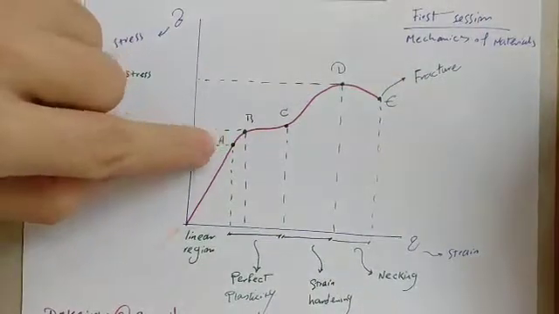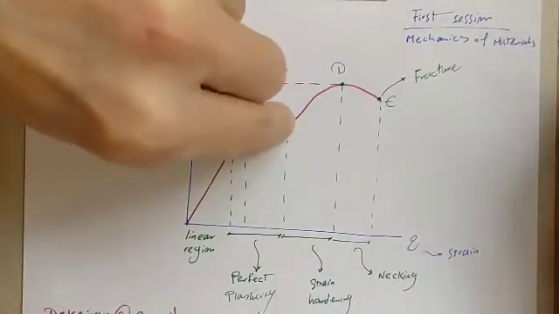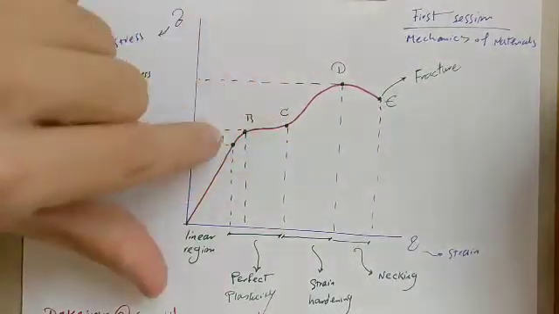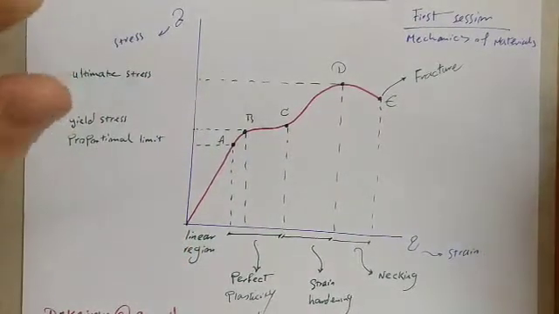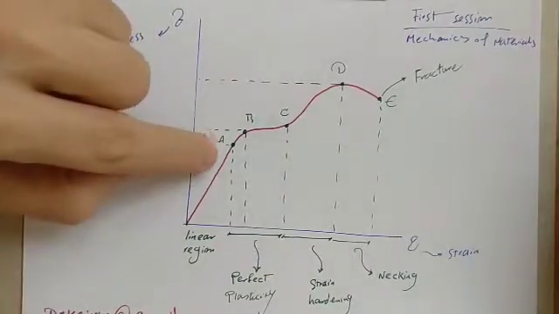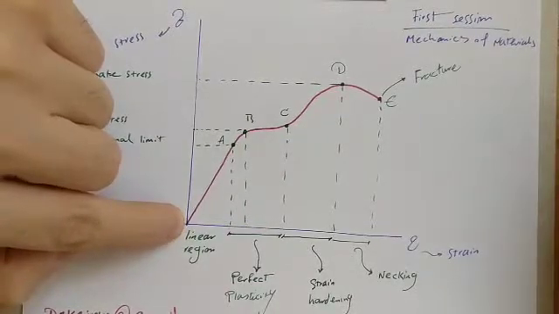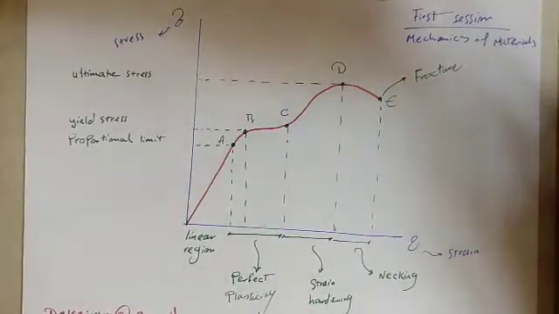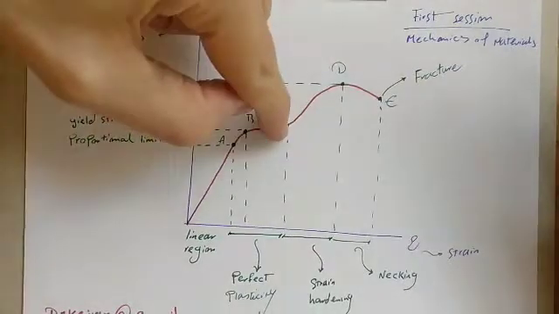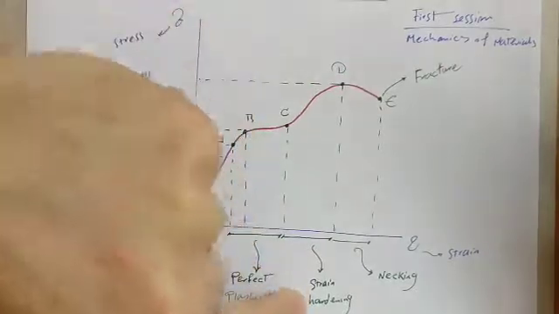Vice versa, between O and A, the changes are recoverable. In that region, when you remove the force, tension or compression, the material returns to the zero point. But this part is permanent deformation. After that, between C and D, we have strain hardening.